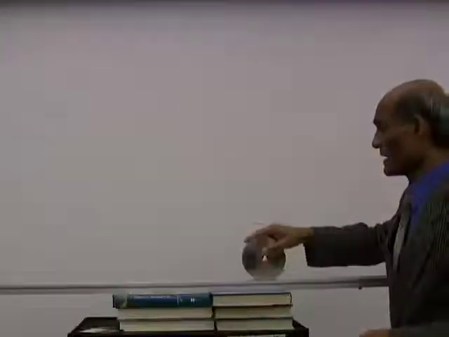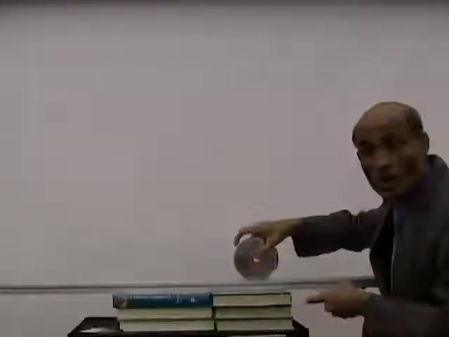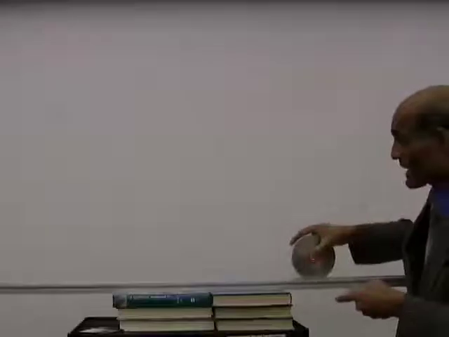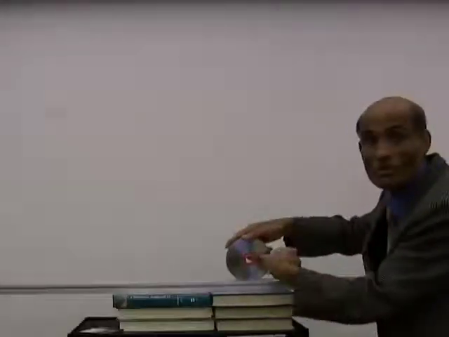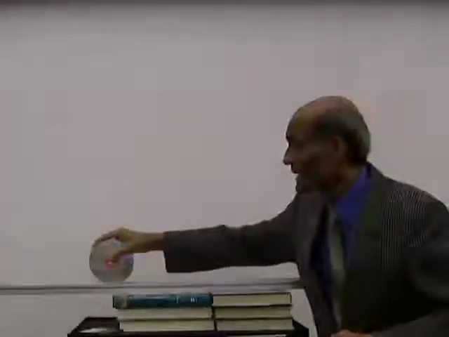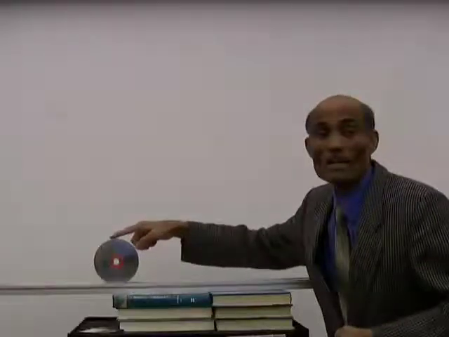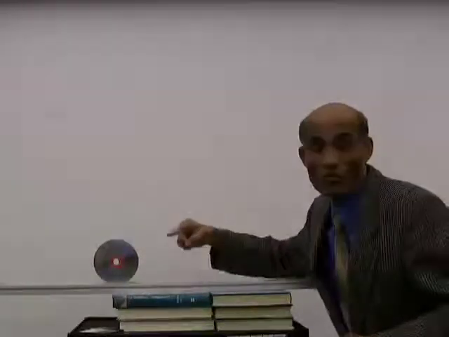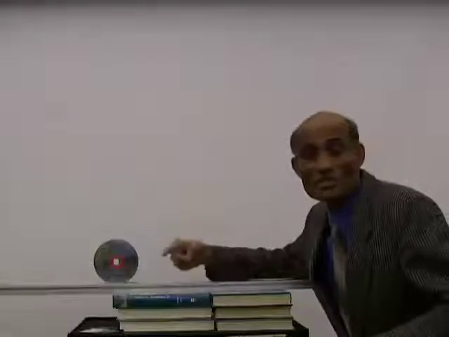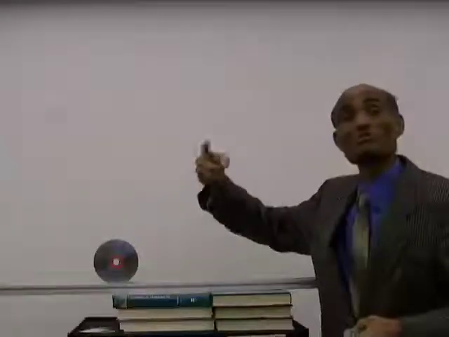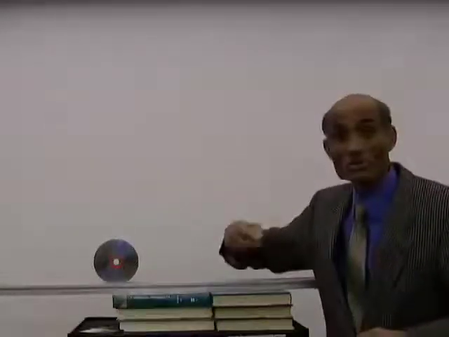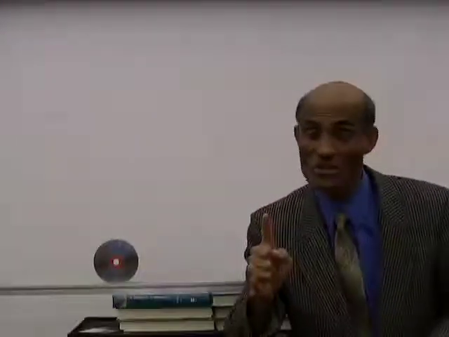What are they? It is rotating, and also it is moving along a straight line. Its center of mass is moving along a straight line. So when a disc is rolling, it is rotating.